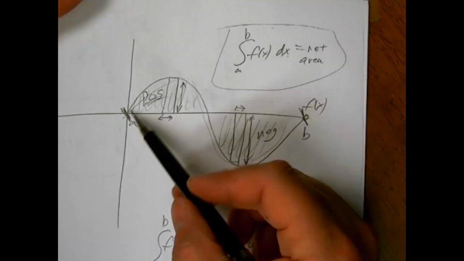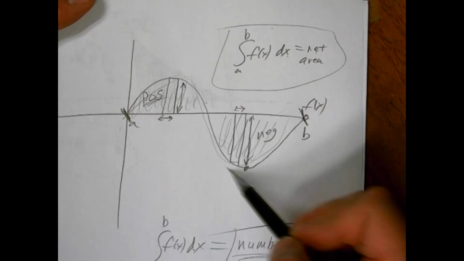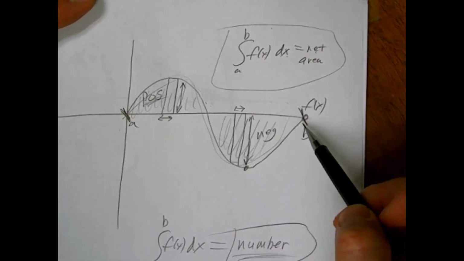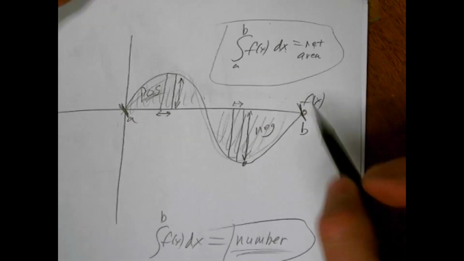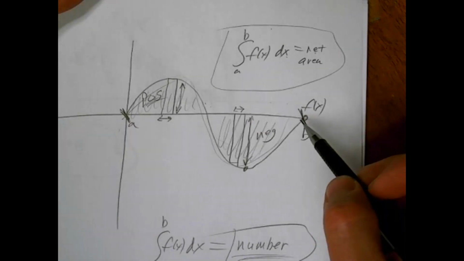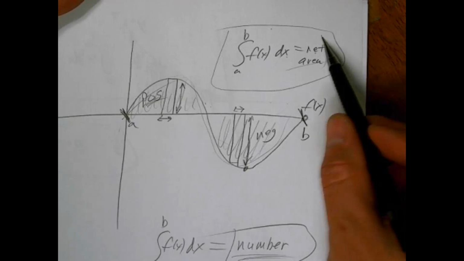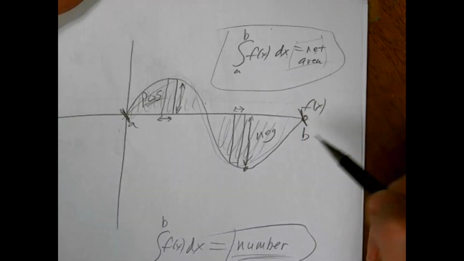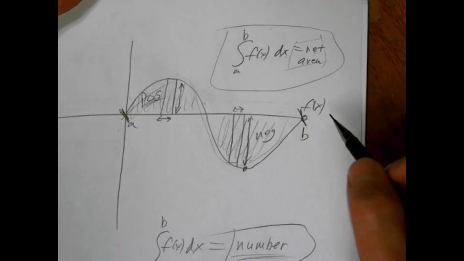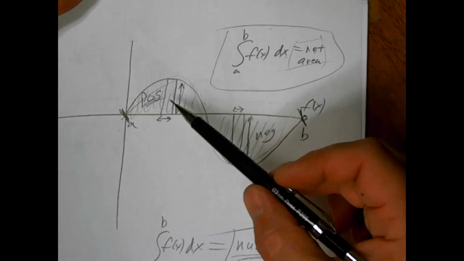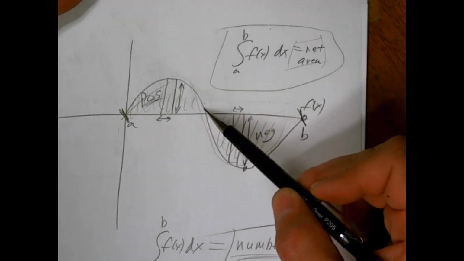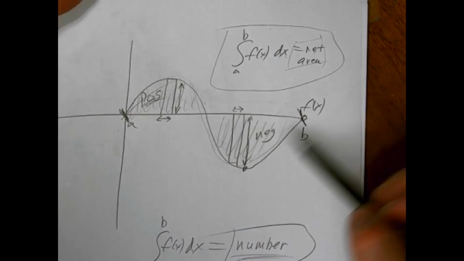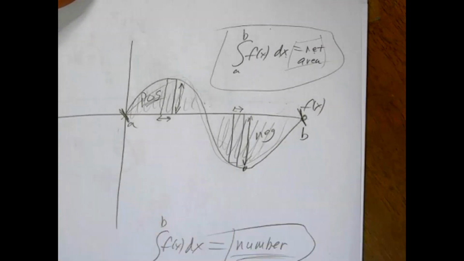Whereas in this particular case, if you had some positive velocities and some negative velocities, and negative velocities could just mean going in the other direction, and you're asking for total distance traveled, this wouldn't give it to you. This would only give you a net distance from starting point. All right. So again, if your curve's totally above the axis, that's your area. If it goes above and below, that's a net area.